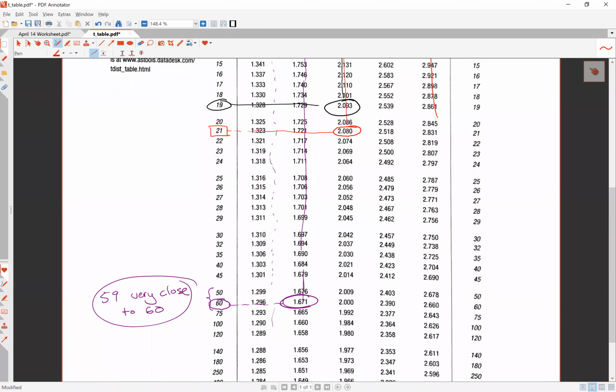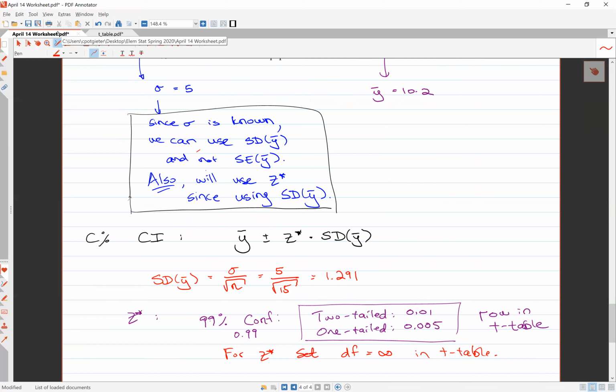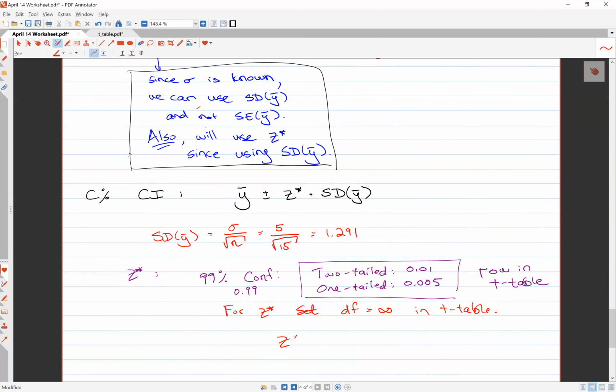So finding where those meet up, 2.576. So even though it's the T table, it gives us a Z star value in the very last row. So here we have Z star is equal to 2.576.